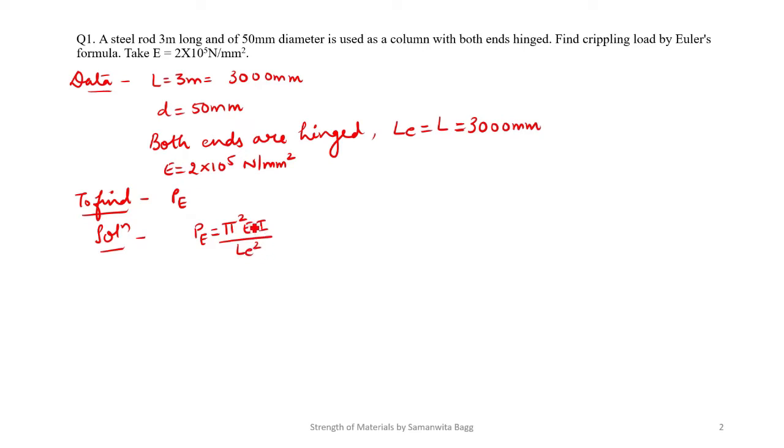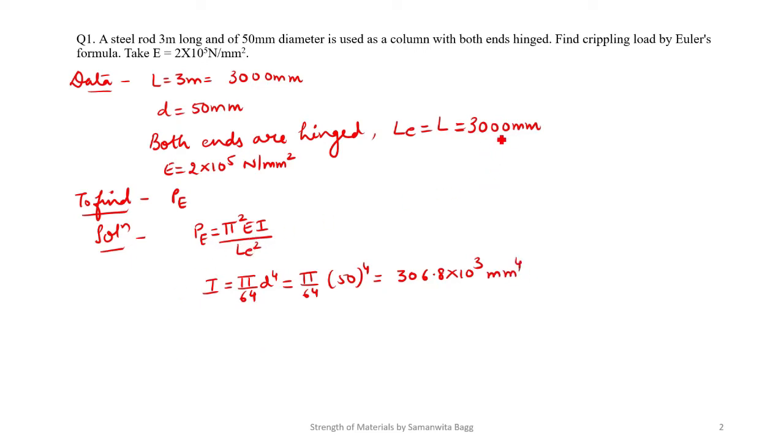Here the value of E is known. For calculating I, I will use the formula pi by 64 d raised to 4. So it is pi by 64 into 50 raised to 4, that will be 306.8 into 10 raised to 3 mm raised to 4.